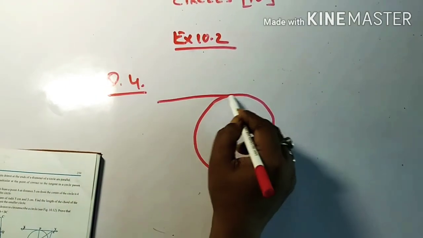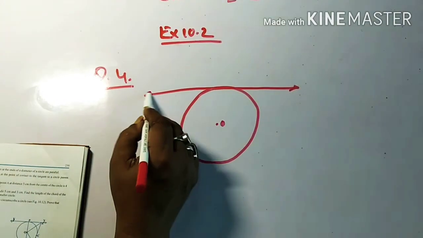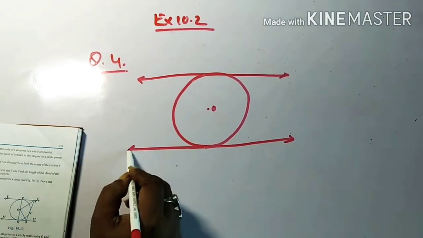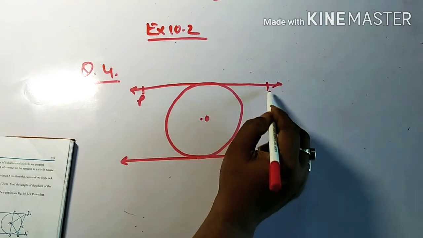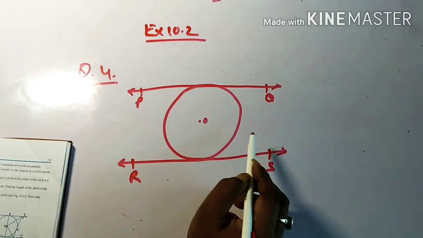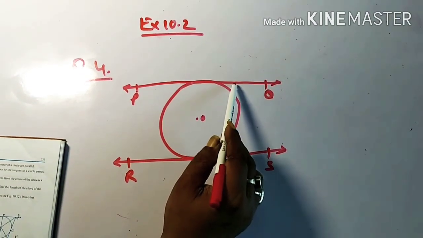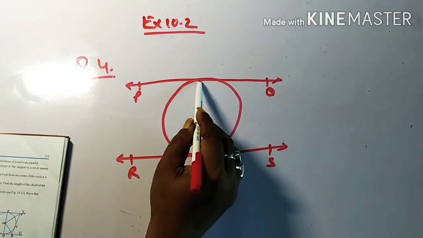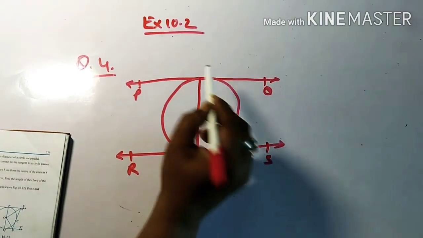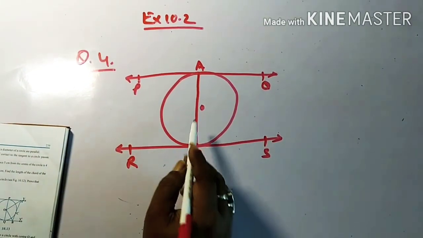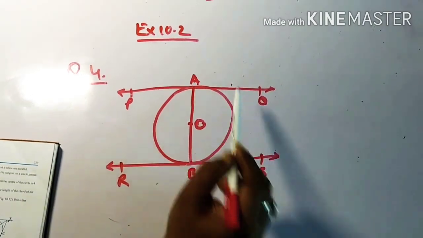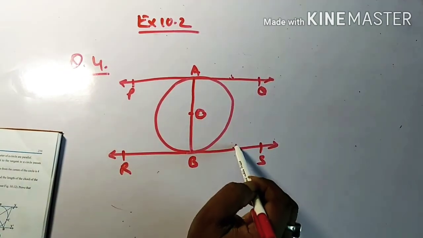We are drawing two tangents here, P, Q, R, S. These are the two tangents, and they are at the ends of a diameter. See, this is the diameter. At the ends of the diameter, there are two tangents, these are the points of contact, and we have to prove that these two tangents are parallel.